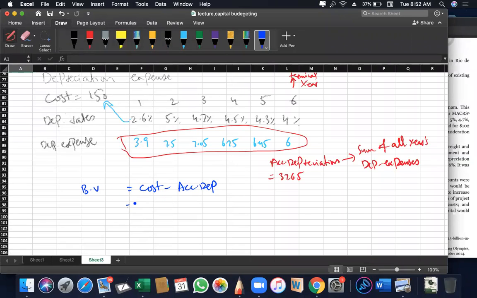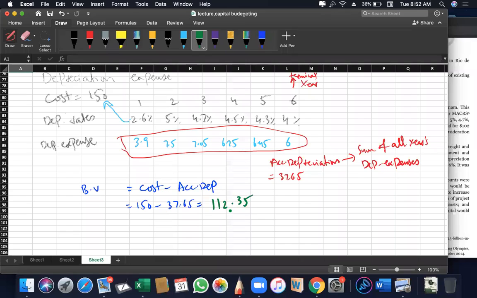So what is cost? It is 150 minus 37.65. After doing this, I get the value. So the book value is 112.35.